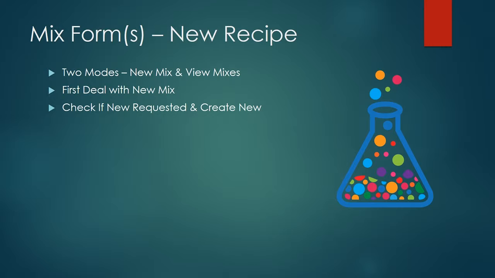So first of all, we need to check to see which mode has been requested for this form, and it's requested when it's opened. As we went through last time, we're passing a little bit of text as an argument, and part of that text is a 1 if it's going to be a new mix.